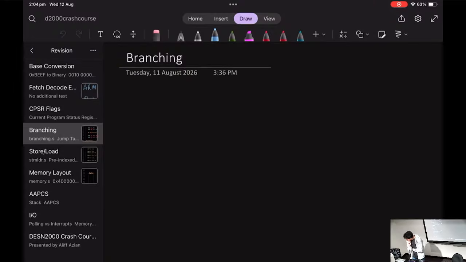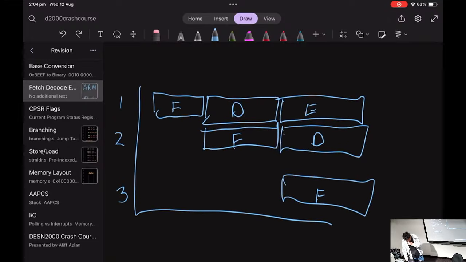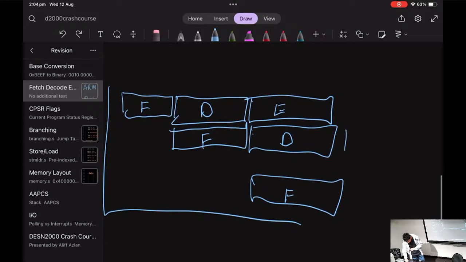Since we are short on time, the one thing I want to talk about with branching is the main disadvantage. If you think back to the fetch, decode, execute cycle, we load the upcoming instructions as we go along.